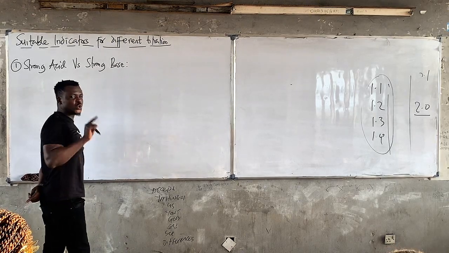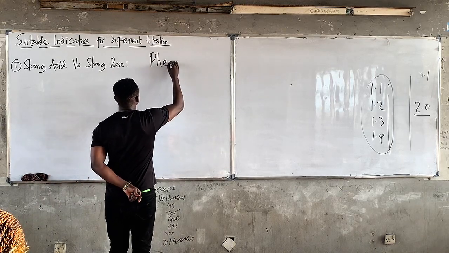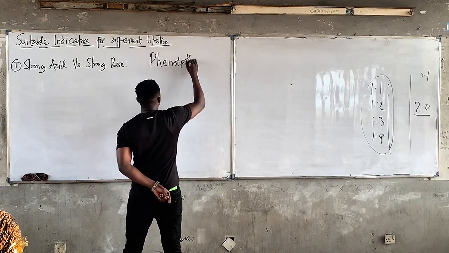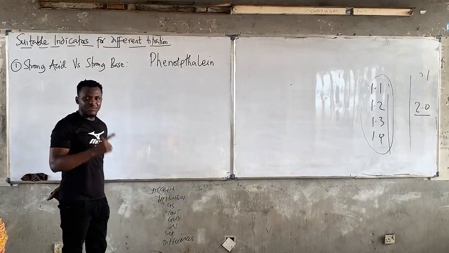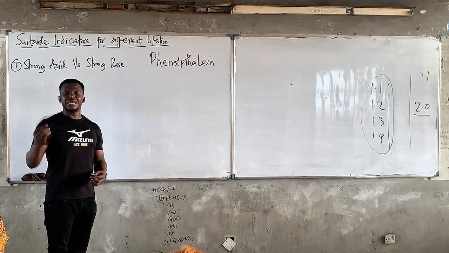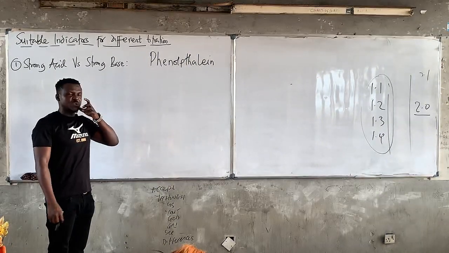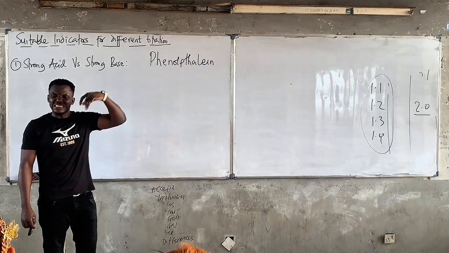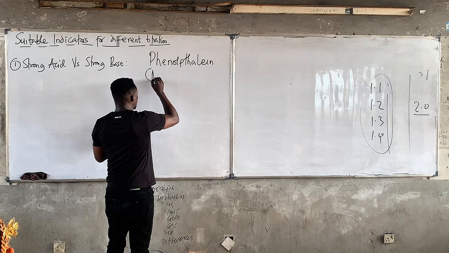The suitable indicator for this is phenolphthalein, even though most of the time you can use methyl orange. Between methyl orange and phenolphthalein, which of them is the best? It's phenolphthalein. But that does not mean we cannot also use methyl orange.